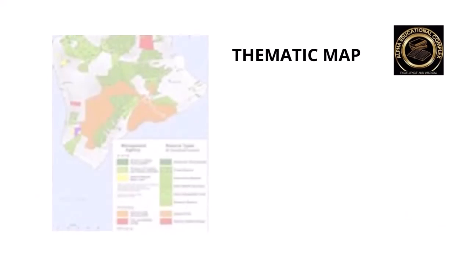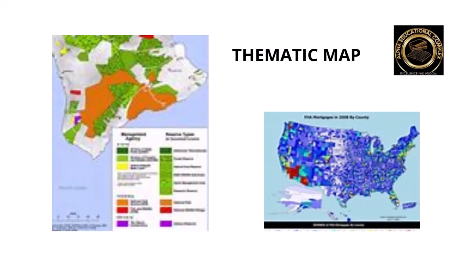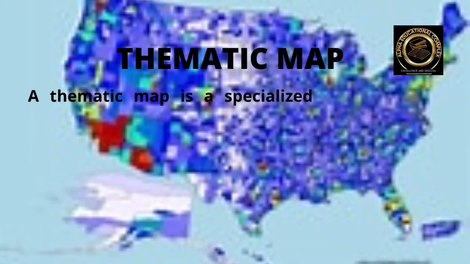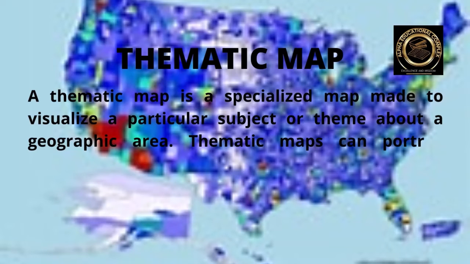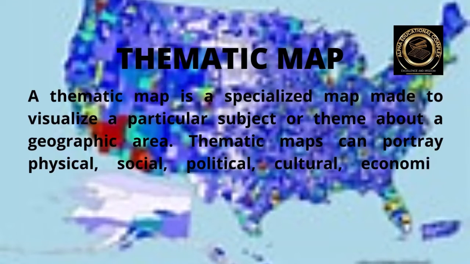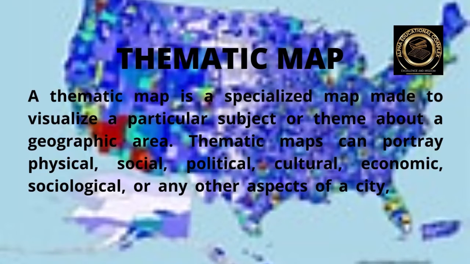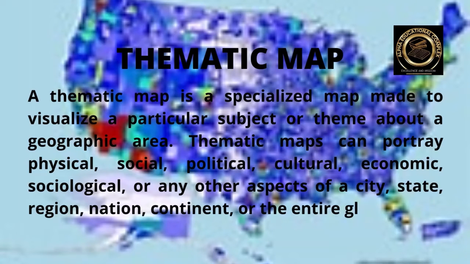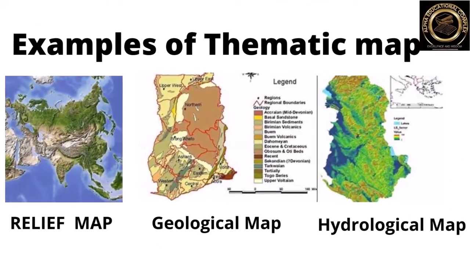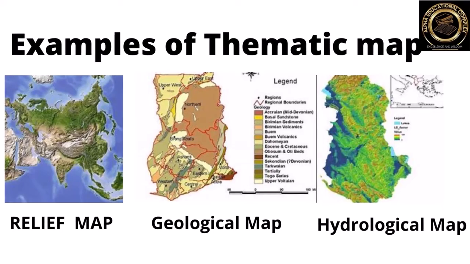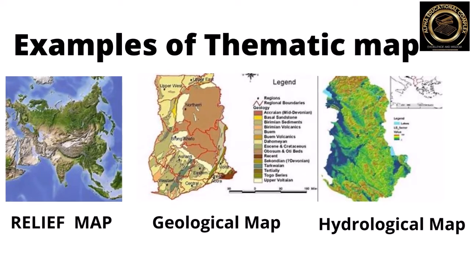Now let's take the thematic map and talk about it. Thematic maps are maps designed to highlight information on a specific topic. This could be anything from geology to population density or weather. So when you see a map that is only talking about a single topic, a single subject, then that map falls under thematic maps.